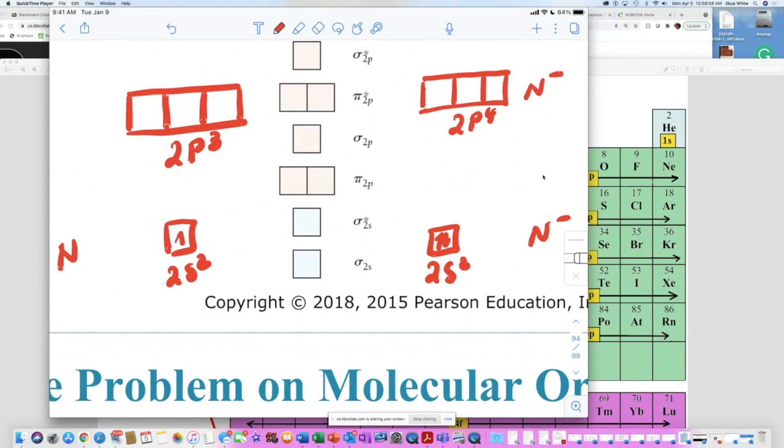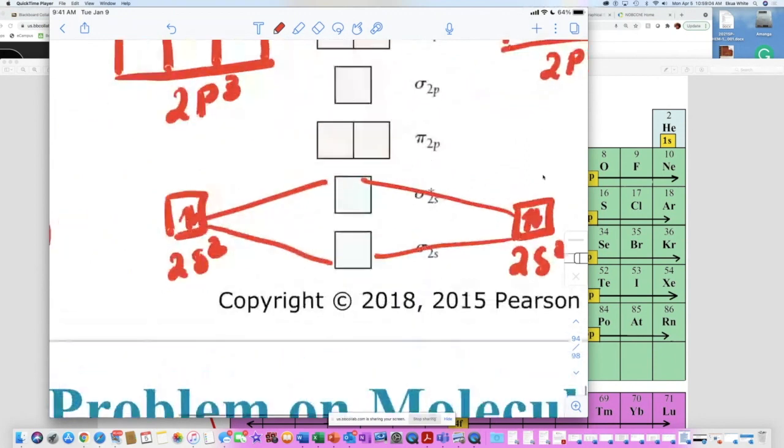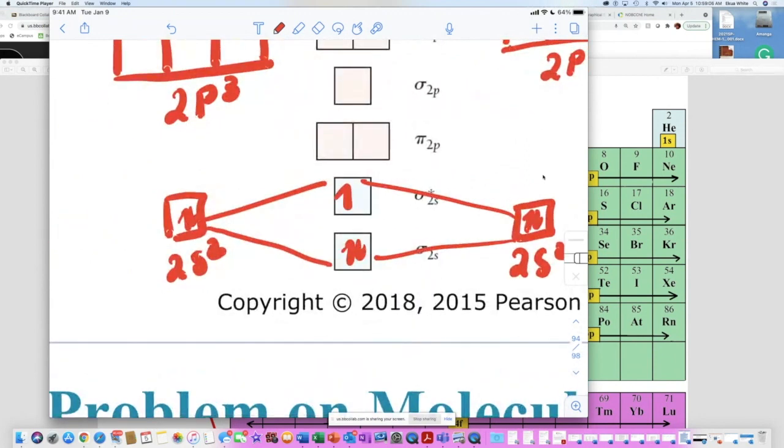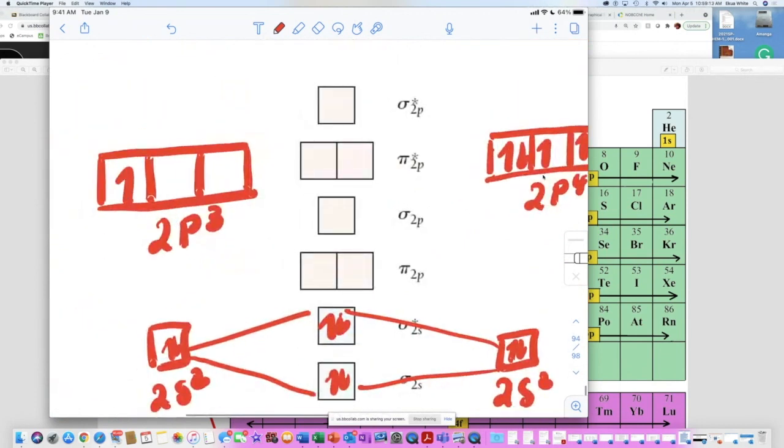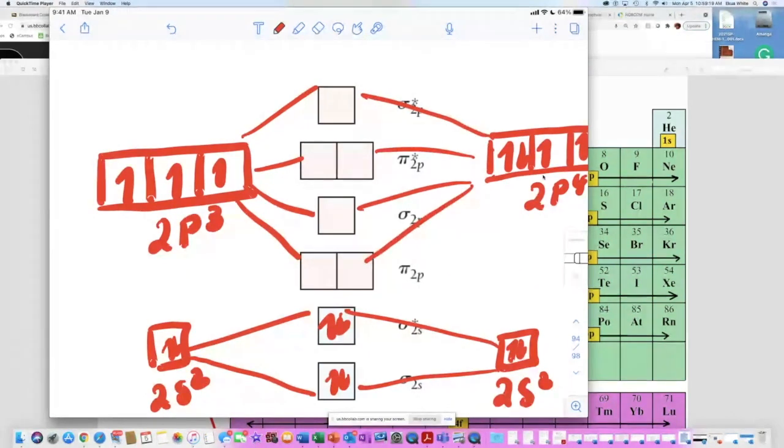2s2, up, down, up, down. The 2s2 forms these two right here, bonding, anti-bonding. So up, down, that takes care of that. 2p4, up, down, that's 4. Up, that's 3. These form these, and they form those.